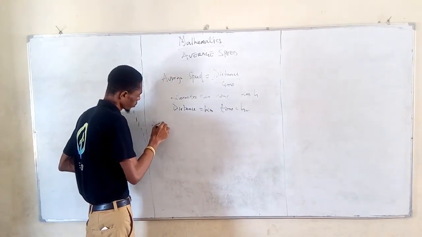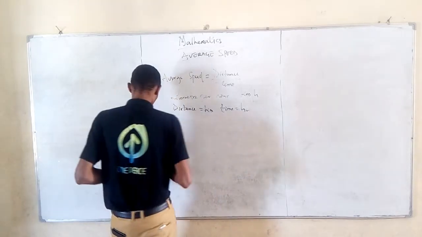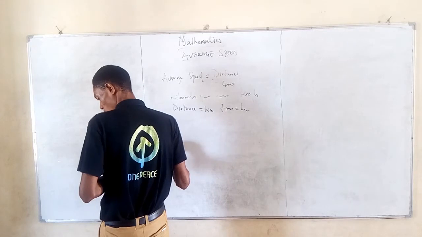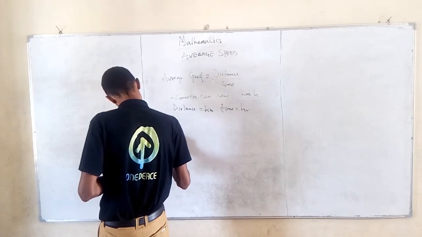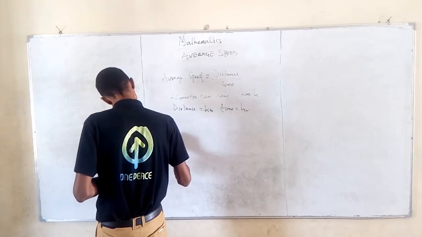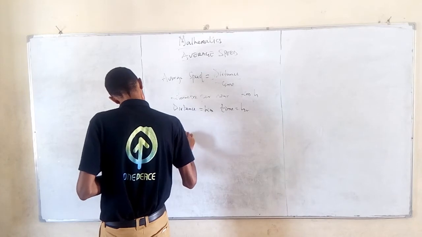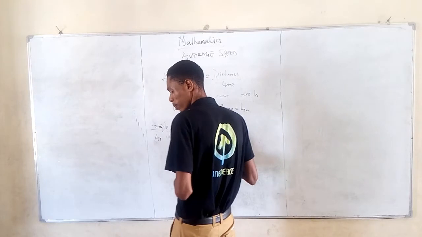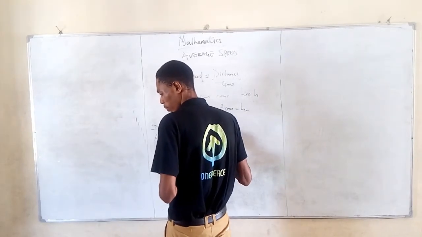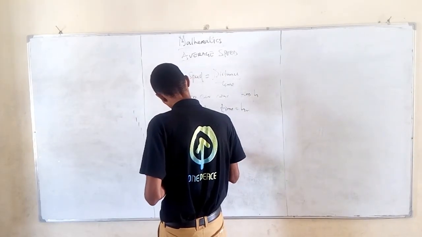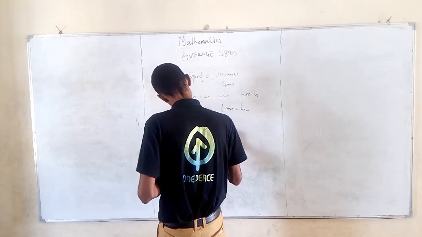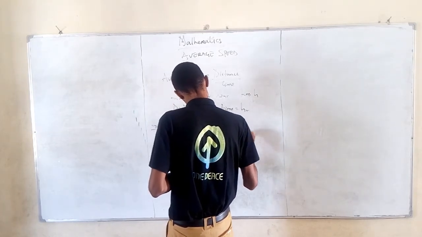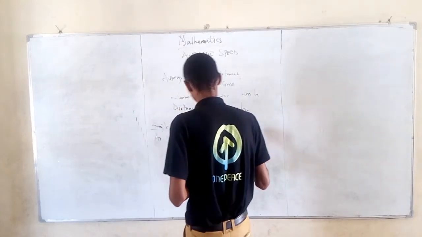Example. An aeroplane flies 2,800 kilometers in 5 hours.